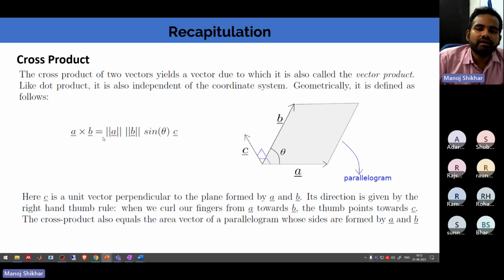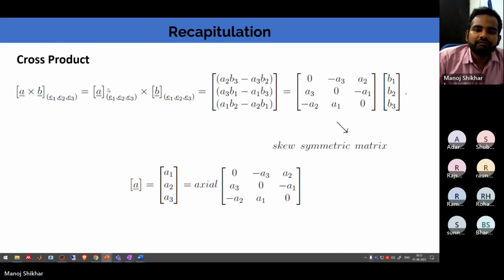This representation we have already seen in BTech first year or before in class 11th or 12th. We can also write the cross product in the form of a matrix multiplied with a vector.